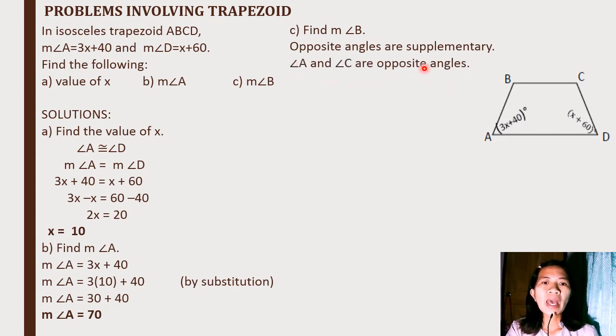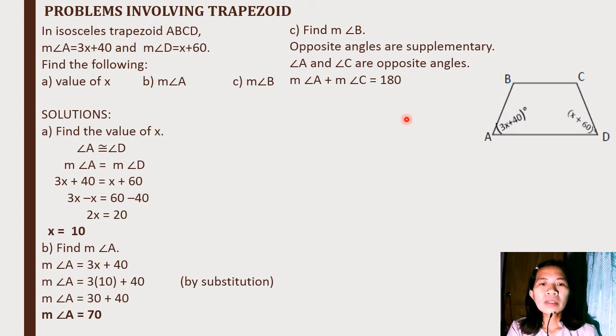So angle A and angle C are supplementary because they are opposite angles. So the measure of angle A plus the measure of angle C is equal to 180.